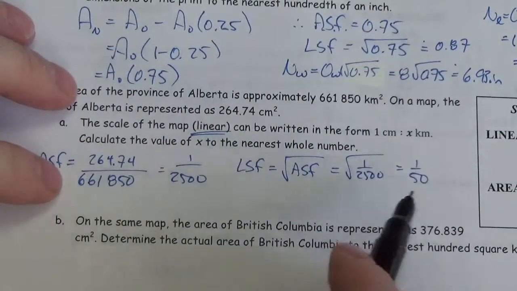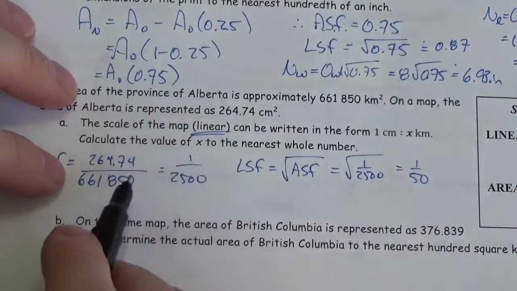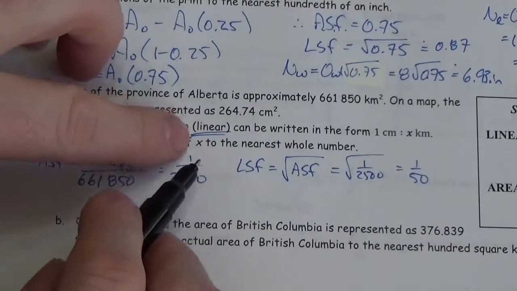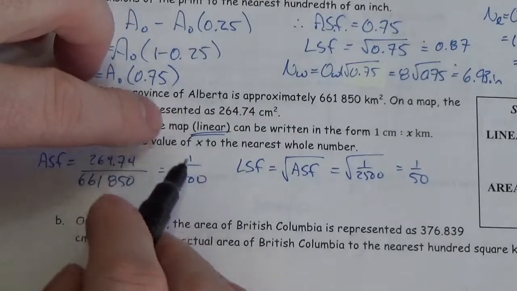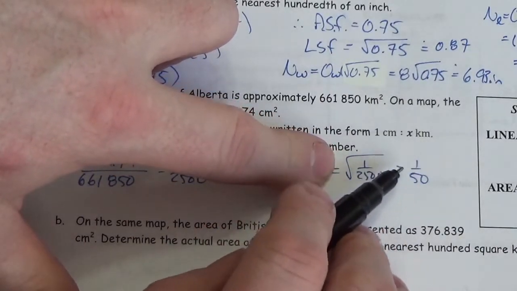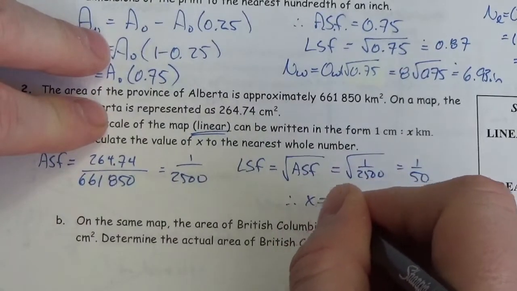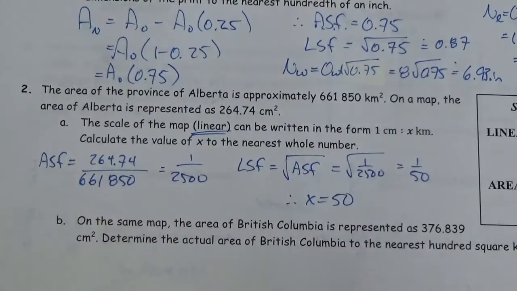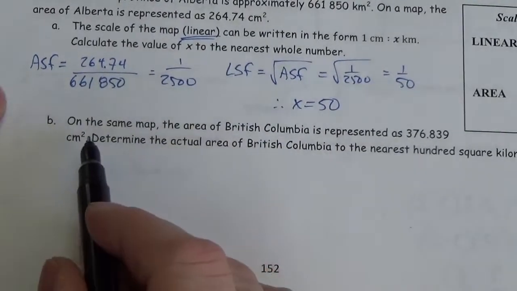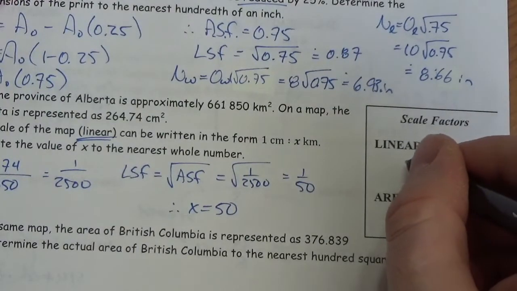Now, what that means is, based on how this whole question is developed here, remember, this is the area of the model over the area of the original. Now, but this is in squared units. As soon as I took the square root of that, it became linear units. So this is 1 centimeter is 50 kilometers. So therefore, x is equal to 50. That worked out really nicely. I like that.